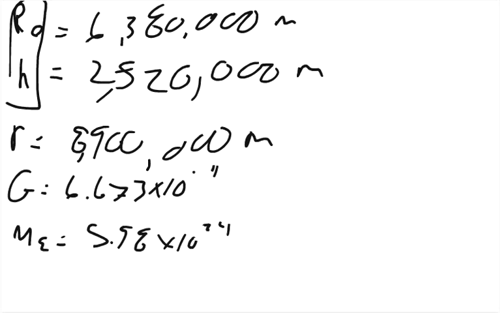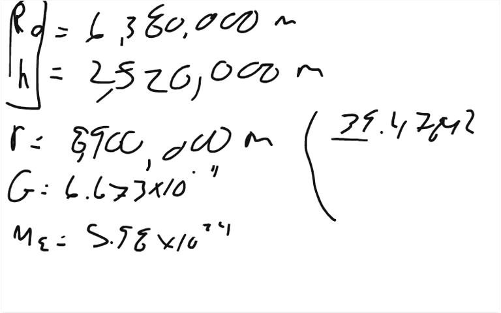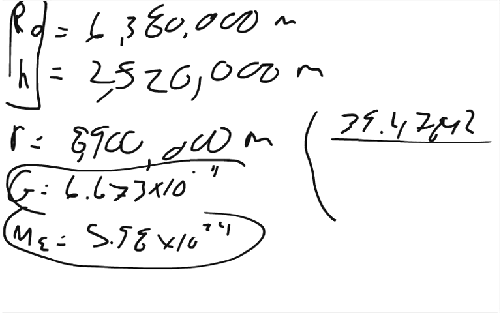So I can take the equation here. 4 times pi squared equals 39.47842. Then if I take the gravitational constant and multiply it by the mass of the Earth, I get 3.99 times 10 to the 14th.